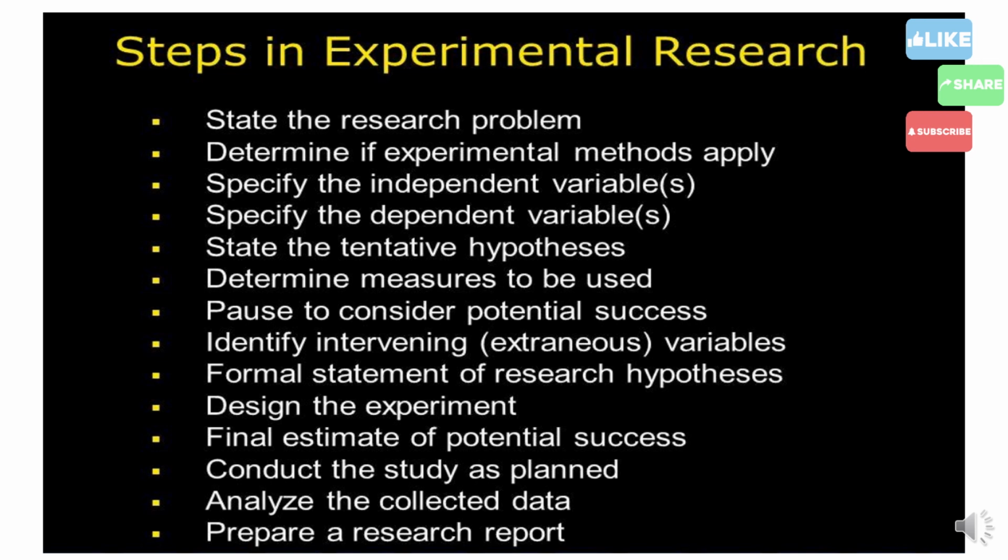Pause to consider potential success and identify intervening extraneous variables from a statement of the research hypothesis, and design the experiment. Make a final estimate of potential success, conduct the study as planned, analyze the collected data, and prepare a research report. So these are the steps included in experimental research.